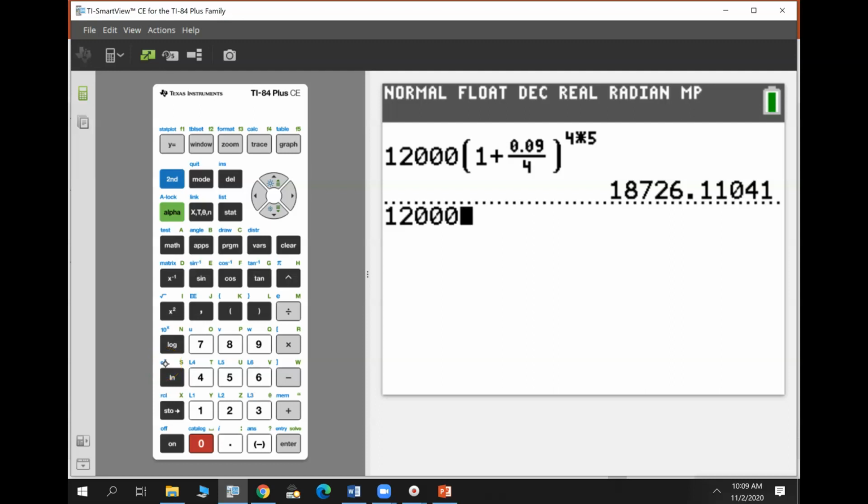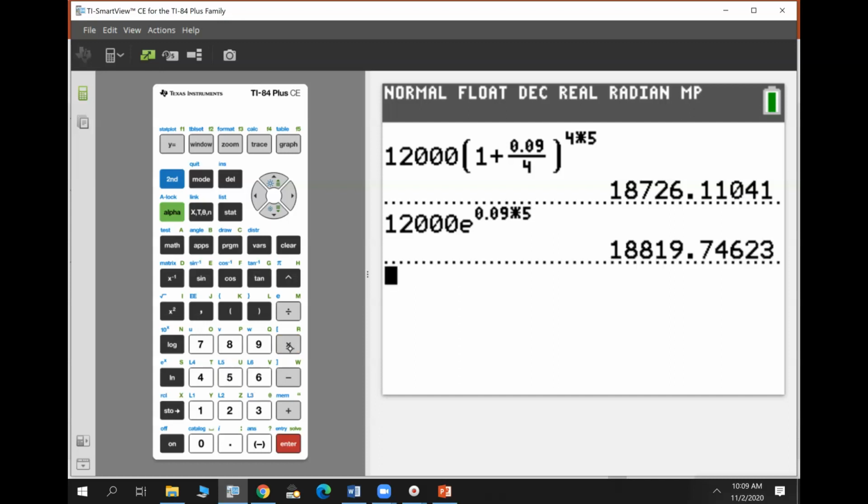So if you want to raise e to an exponent, you might prefer to use that one. Doesn't make any difference. You could use your caret key with the other one. But because they're in blue, remember that you have to hit your second button first and then hit your e button. All right. And then we had 0.09, and it was being multiplied by 5 years.